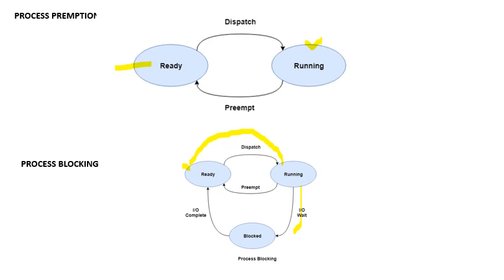There is no need of the CPU, but it requires input output operations, so the process moves to the waiting stage, also called the blocked state. Once the input output requirement is finished, the process is moved back to the ready state, and from ready to the running state. This is all about process blocking.